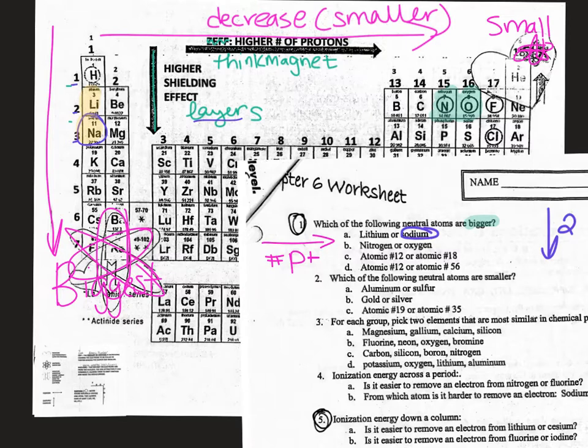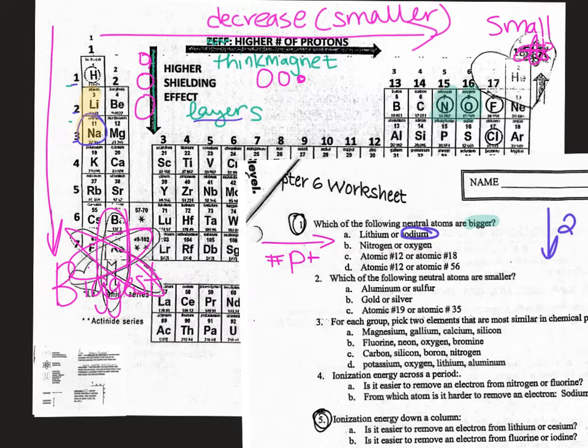And remember, if we have a bigger magnet, then that's telling me that it's going to hold it in very tight. So the more protons, the more it's holding in tighter. So think of a magnet. Again, it goes big, medium, small as you move across. And once again, your layers, we already talked about this, was small, medium, big, right?